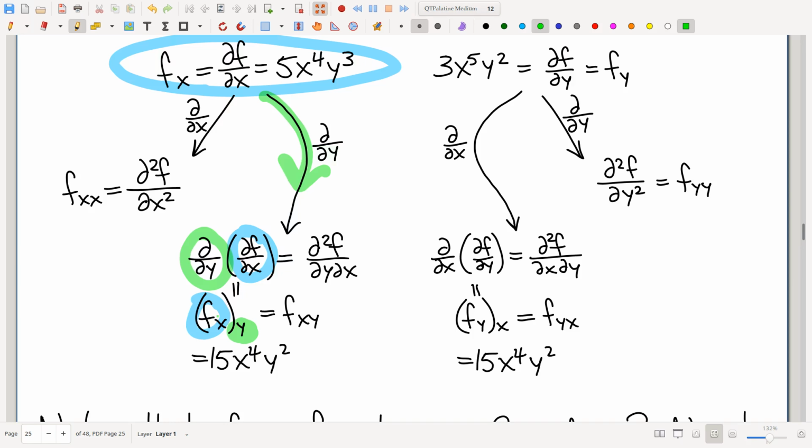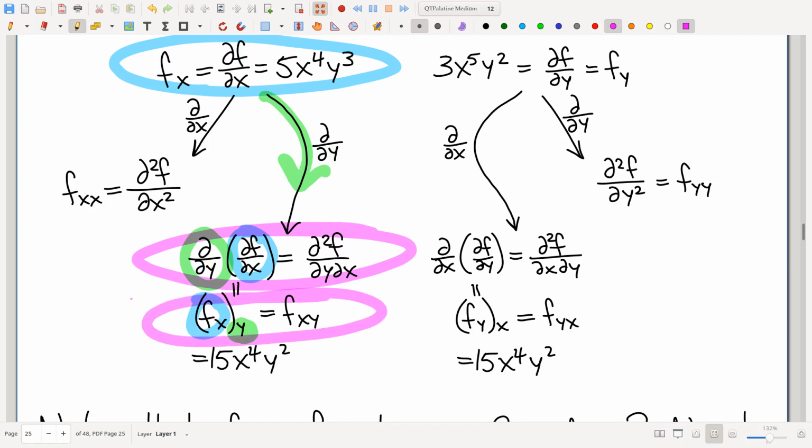Now, as a result of how those are written, we shorten those notations with these things over here. And what's awkward, and this is just the way it is, you kind of have to do this: the Y partial is on the left in the first notation. The X partial is on the right, but quite the opposite with the other one, where the X is on the left and the Y is on the right. Again, what else are you going to do?